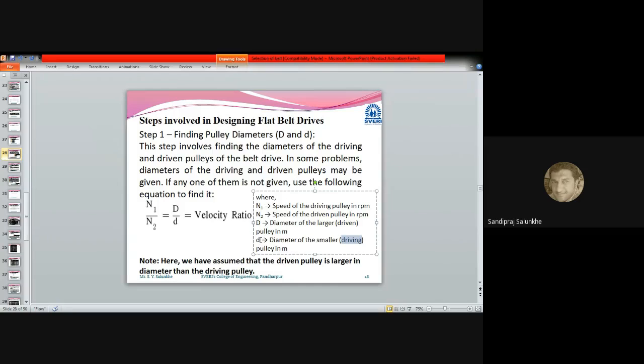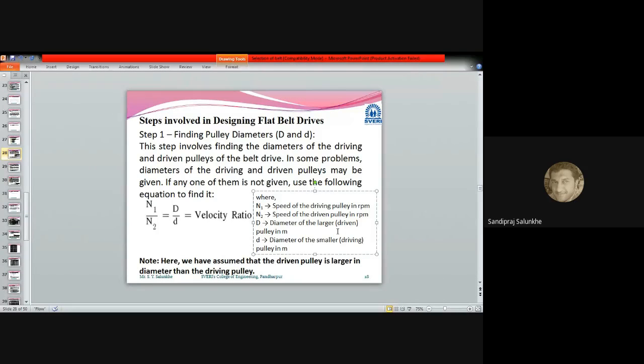Normally, as I already mentioned, in a belt drive, 99% of the time the small pulley works as the driving pulley and the bigger pulley works as the driven pulley.